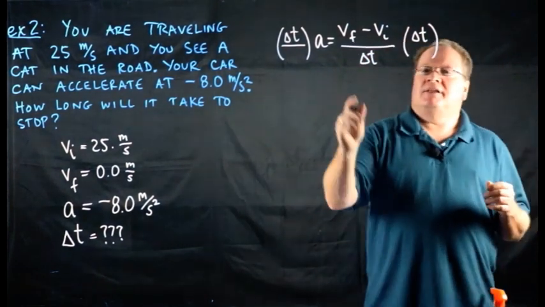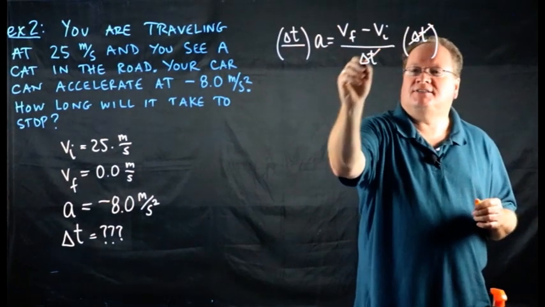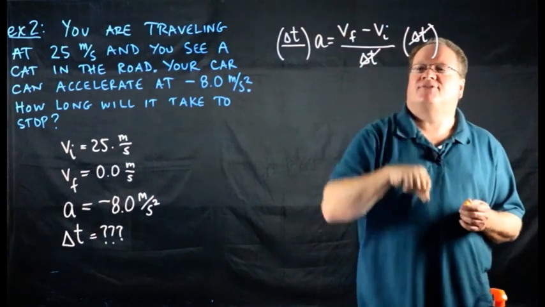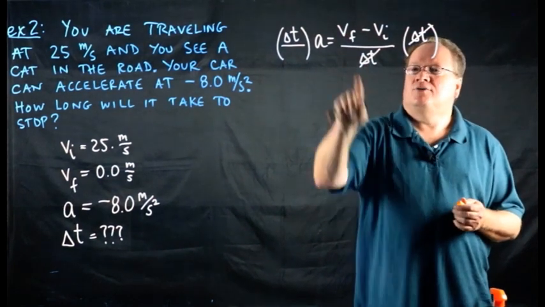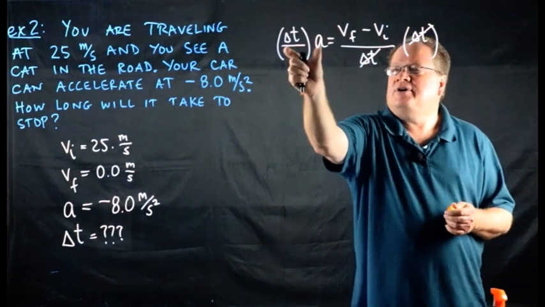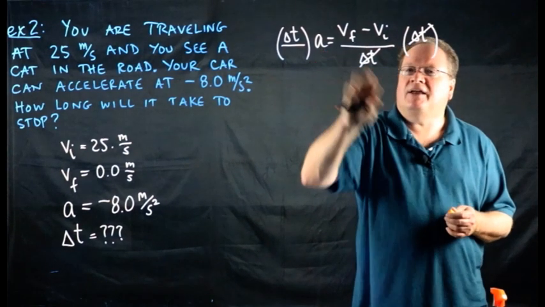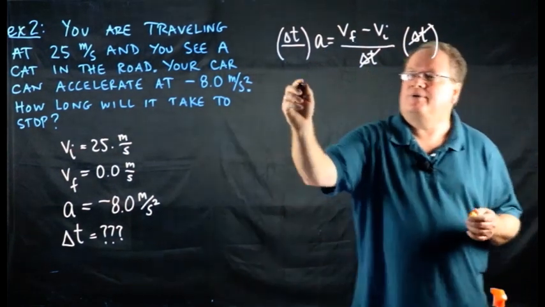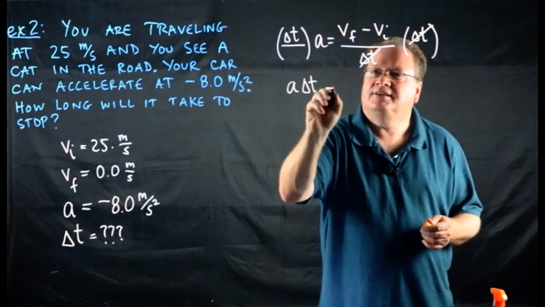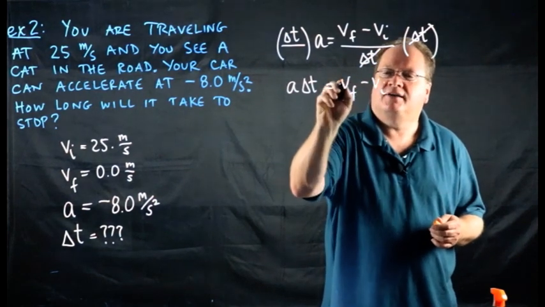Now, what would that do on this side? Well, delta t is going to cancel out that delta t, and I'd end up with VF minus VI, because these two would cancel. Over here, I've got delta t times A. So I've gotten rid of the fraction at this point. I'll rewrite this: A delta t equals VF minus VI.